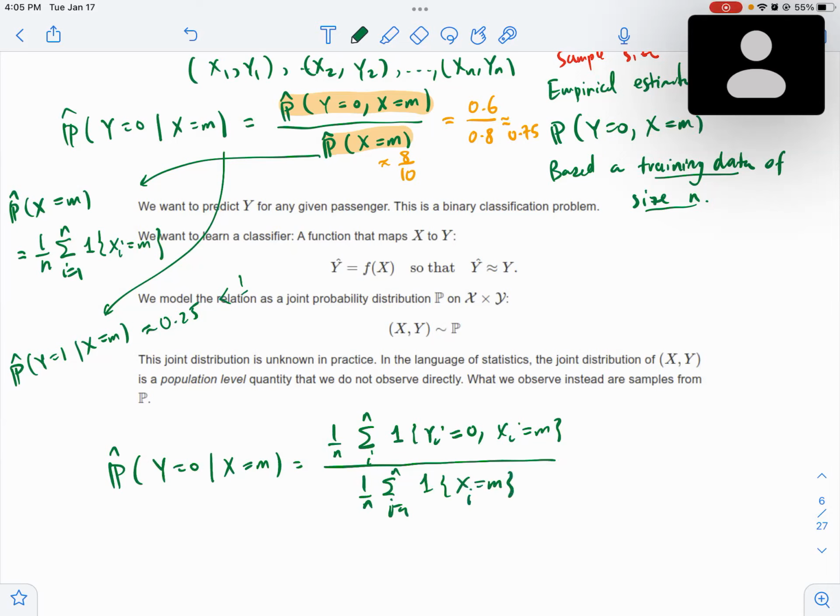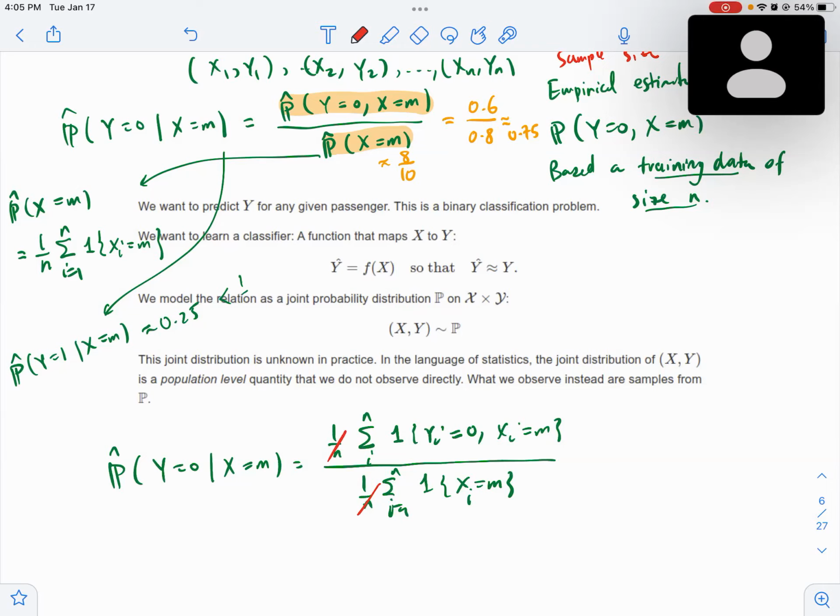And you can see that these two cancel out, right? So once you cancel out, you can see this is counting how many cases of male you have, and this is saying within the cases of male, how many cases of female you have. So this calculation that I just did in my head, you can also see if you write it in formula.